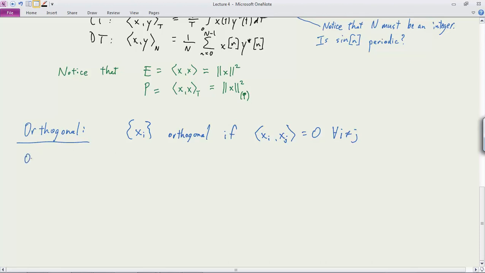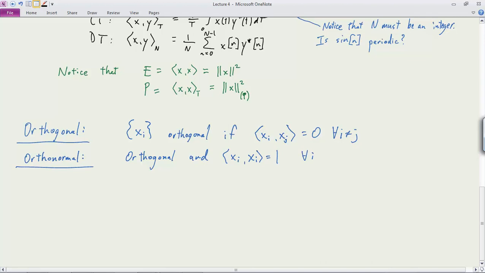All right, and we say that they're orthonormal if they're both orthogonal to begin with, and when you take the inner product with yourself, that equals 1 for all i.